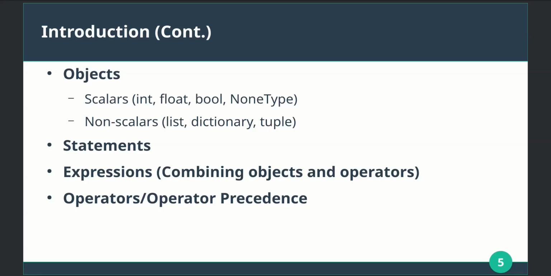For instance, when I have two objects which are scalars, let's say integers 1 and 2, and I now add an operator to form an expression such as 1 plus 2, right? I have 1 plus 2.